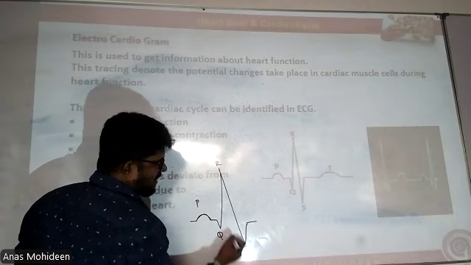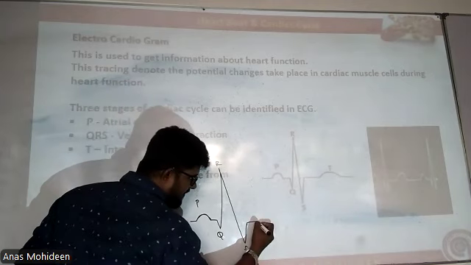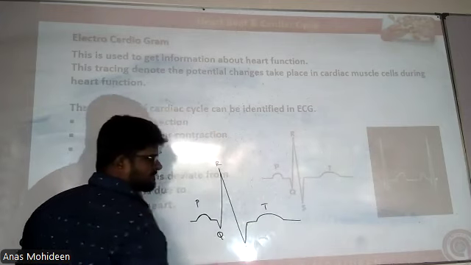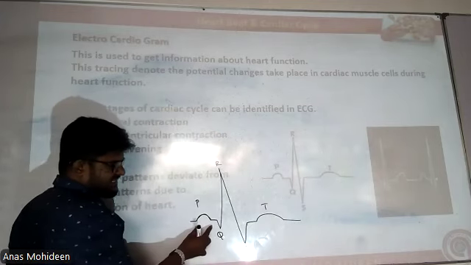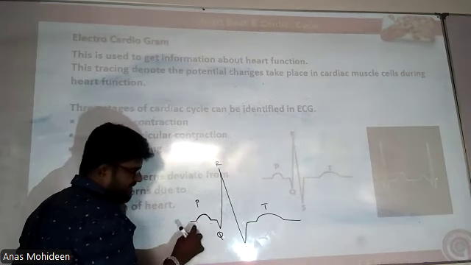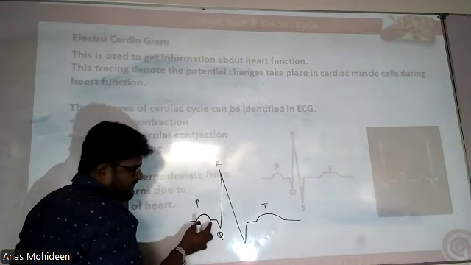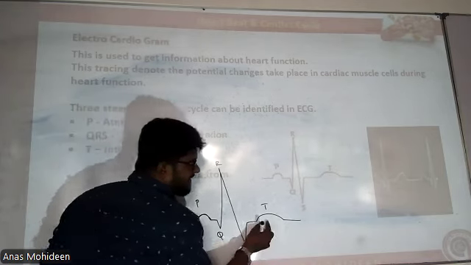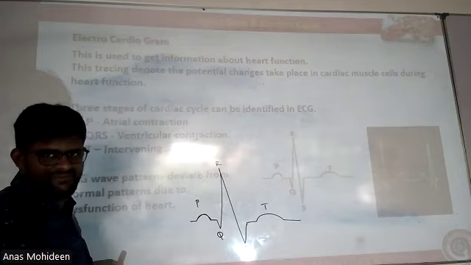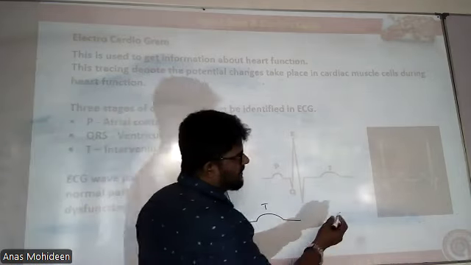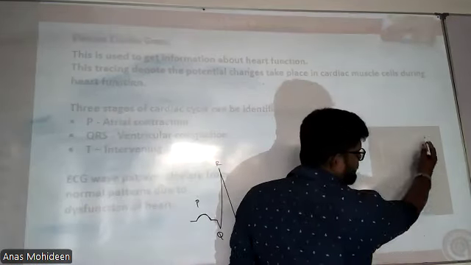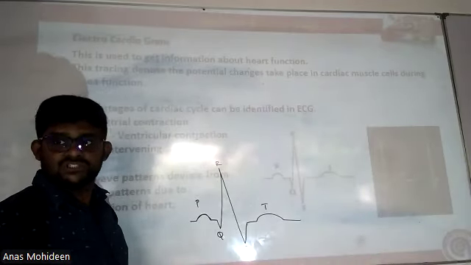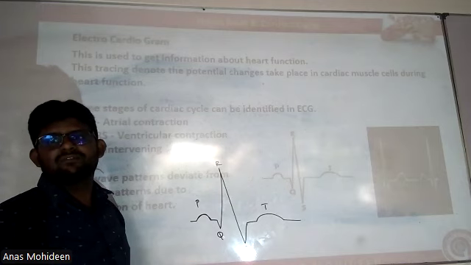So QRS. Then again what happened? A long one, which is T. It's a semicurve. So this is diastole, QRS is systole, and then T is the intervening stage. This is how it goes continuously. If it changes, then you are having a problem in your heart.